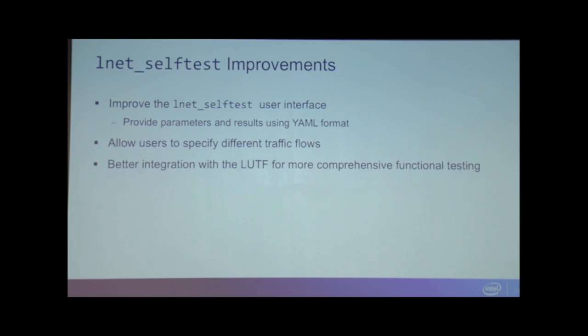So we want to be able to specify a specific call flow using YAML and get self-test to actually run that in a bursty fashion. Again, we want better integration with the UTF so that we can interface with it a little better. Like I said, we can do some configuration, run some traffic, change the configuration while traffic is running, look at the traffic results, and so on.